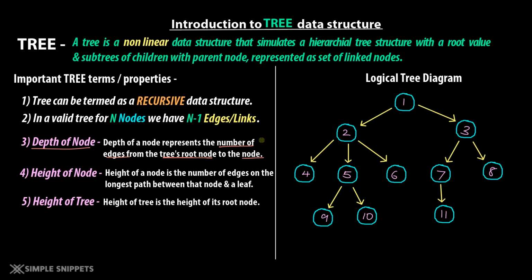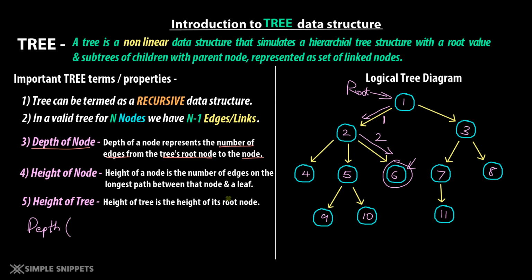If I were to calculate the depth for node 6, I simply have to calculate the number of edges from the root node till node 6. We have this first link which goes from 1 to 2. Then we have this second link which goes to our node 6.